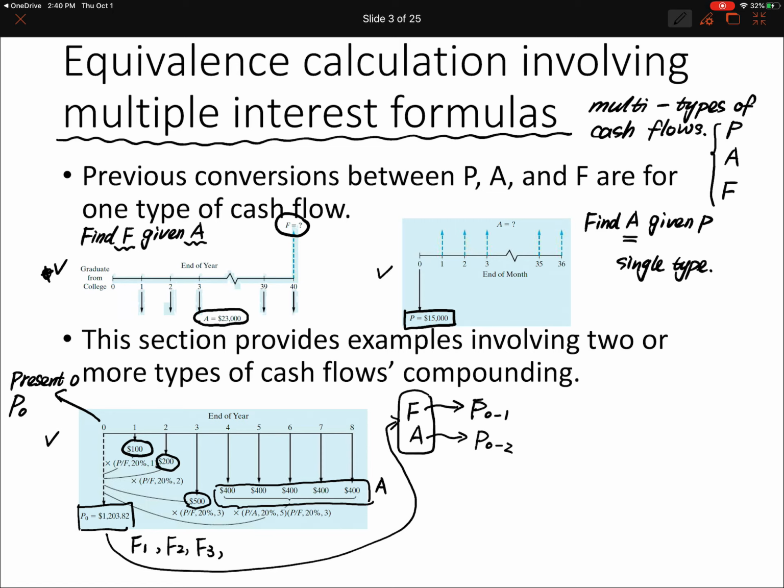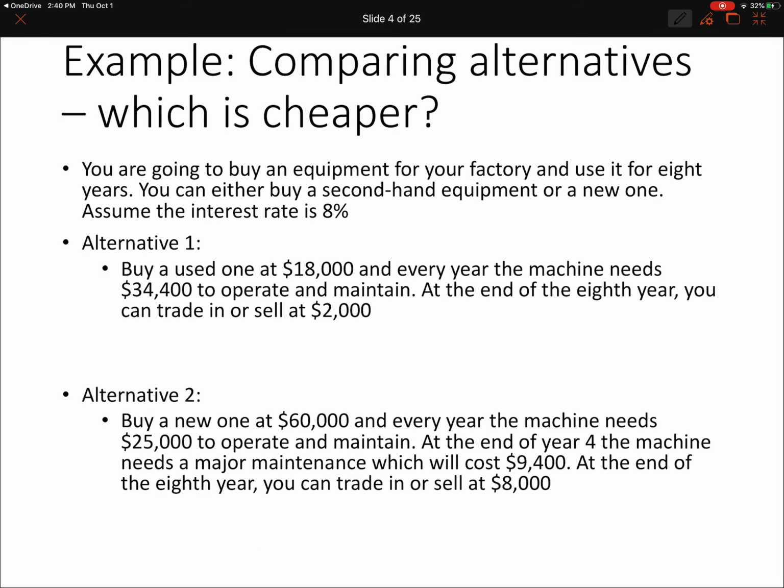It's multiple cash flows, multiple types of cash flows, on the same cash flow diagram. That is more complicated, but it is a more real case. So we need to find a way to calculate this type of problem.